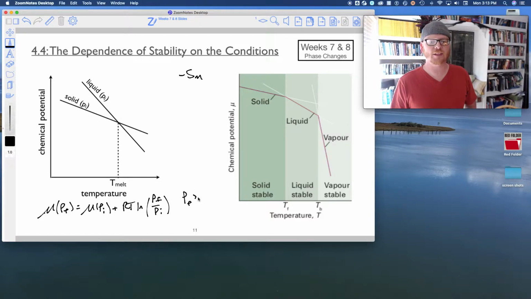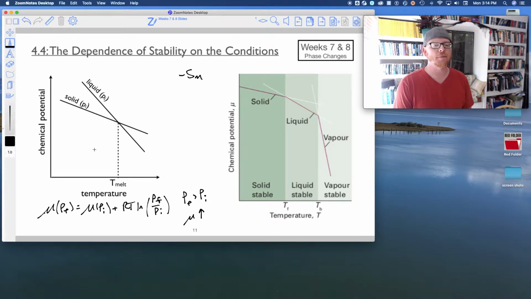In the case when P final is greater than P initial, if we inspect this equation for a moment, this means that mu will increase. Because if P final is greater than P initial, the natural log of a number greater than 1 gives me a positive number, times RT. And then that has an additive effect, because I get a positive quantity, okay?